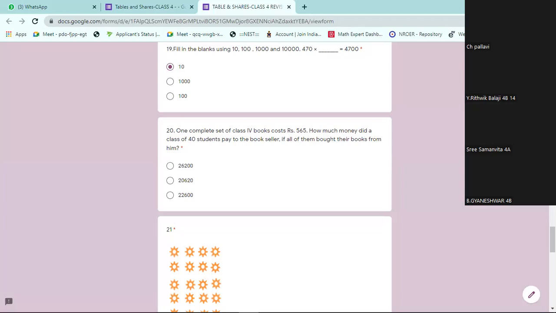For 4, 4 5s are 20. 4 6s are 24, plus 2 is 26. 6 will come, 2 will be there. 4 5s are 20, so 22. 22,600 is the answer for this. Cost of one set of books is given. We need the cost of 40 sets of such books.